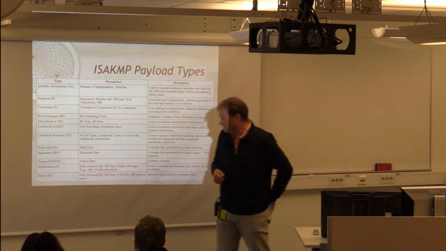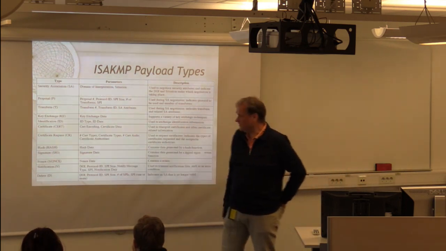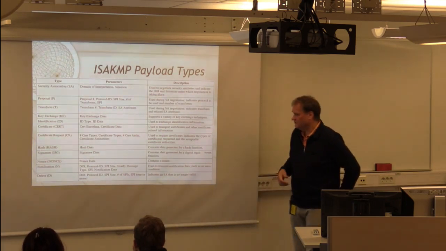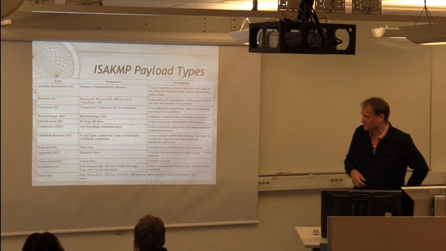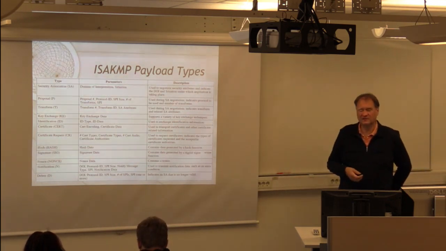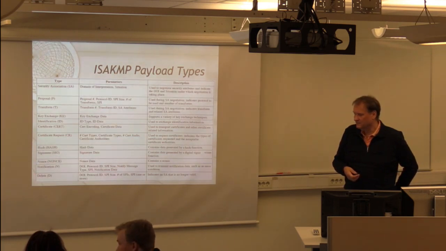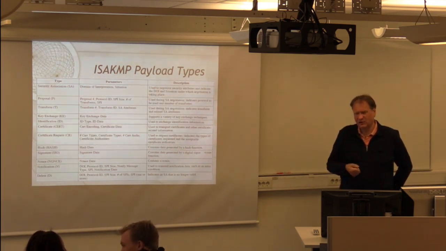Further down we can see that we have a SIG type, that is signature data. So it contains data generated by a digital signature. So this is part of authentication then. So this is a complex protocol.